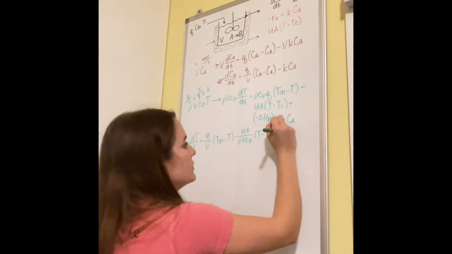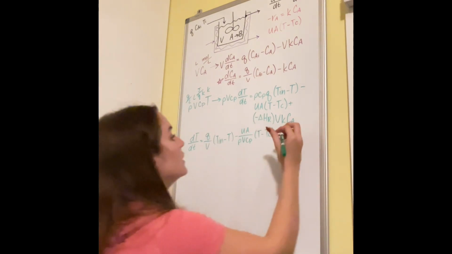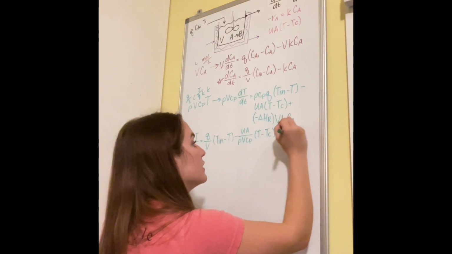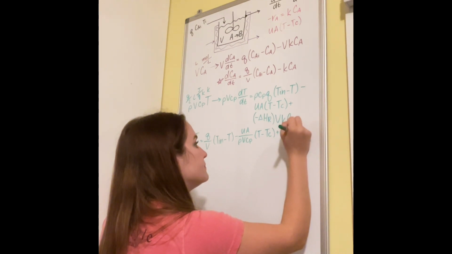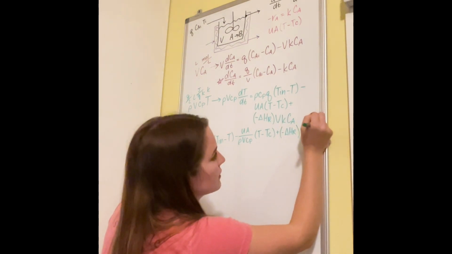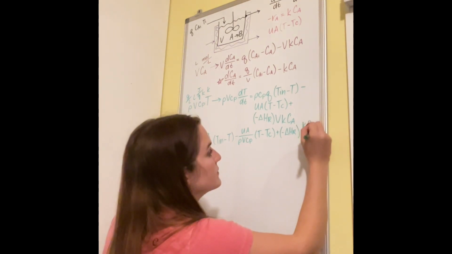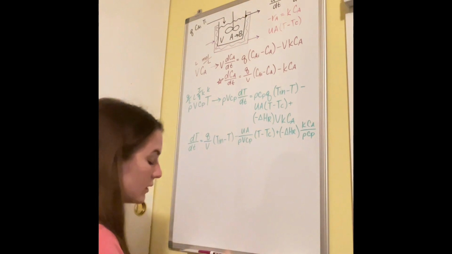And then we are going to add, our volume cancels, so we're going to have our negative delta HR times KCA divided by rho times the heat capacity.